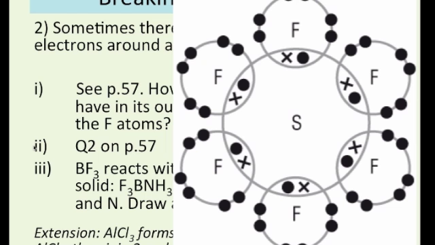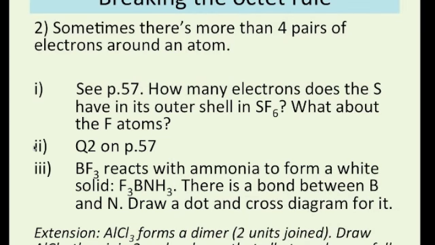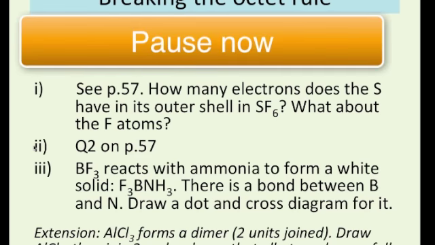So again, things that break the rule. These two are worth learning because they use them as examples. But if you want to pause now and have a go at trying to draw what happens when BF3 reacts with NH3, and also see if you can draw aluminium trichloride, AlCl3.